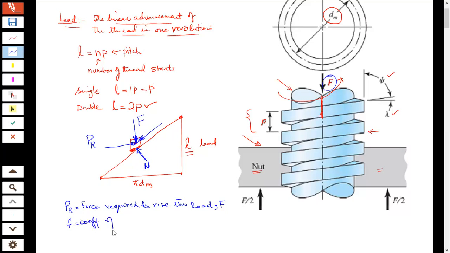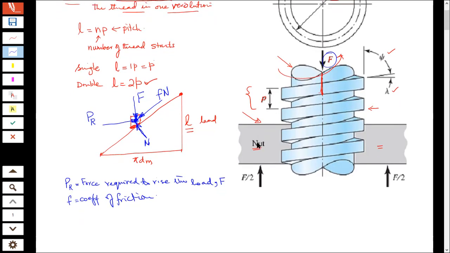Then we know that the frictional force over here will be equal to f times the normal N. So these are going to be my forces when I want to lift this load up with the help of this screw jack or power screw. Okay, so good enough.